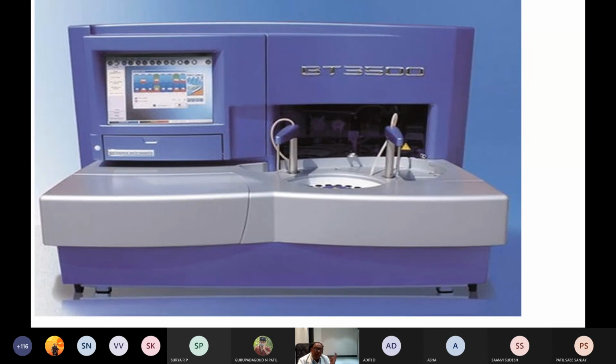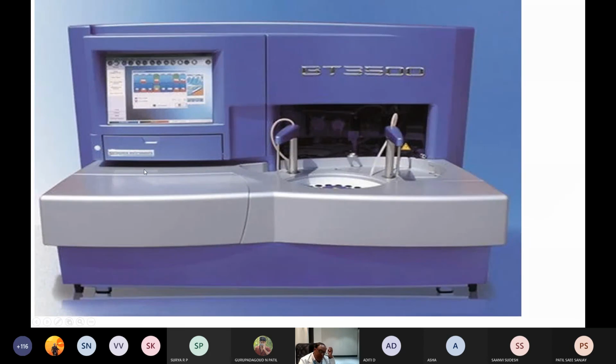Basically it is the colorimeter, then the spectrophotometer, then semi-auto analyzers, and finally fully auto analyzers. By applying these fully auto analyzers, you are spending very little time and less reagent.